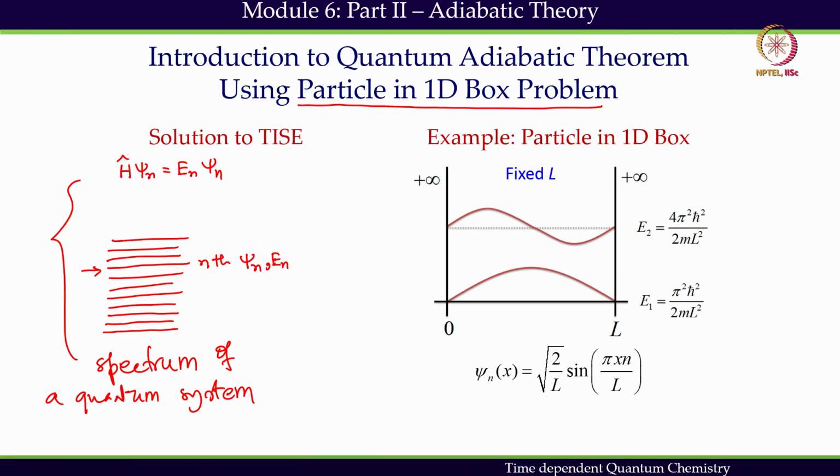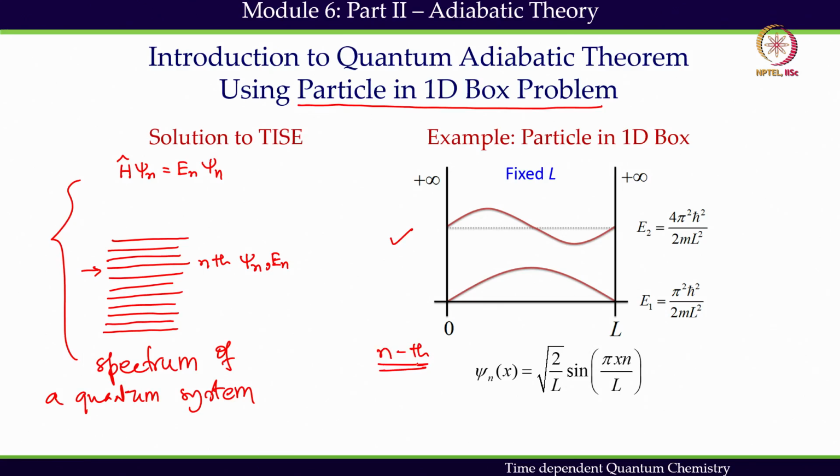As an example, one may consider the classic problem of particle in one dimensional box of length L. So, this is what we have, the example with length 0 to L, and this problem is also known as particle in infinite square well potential.